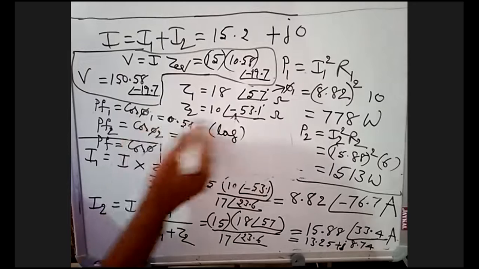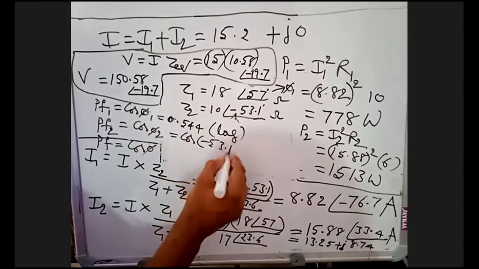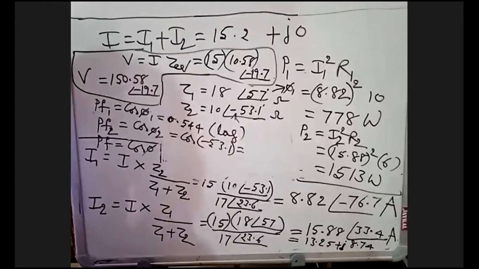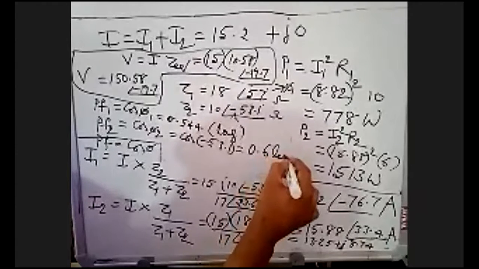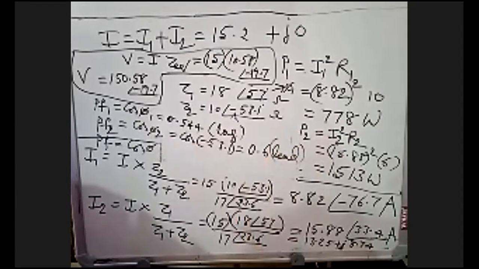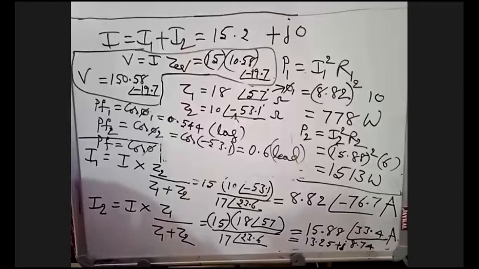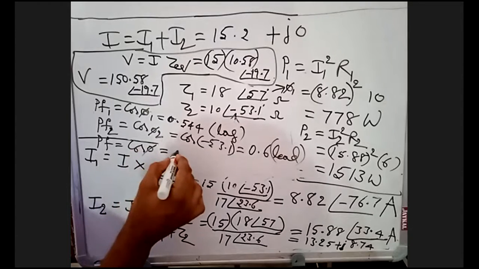Next one is cos minus 53.1, that is 0.6. Leading or lagging? Leading, because it is an RC circuit. In an RC circuit, current leads the voltage. That's why it is leading.